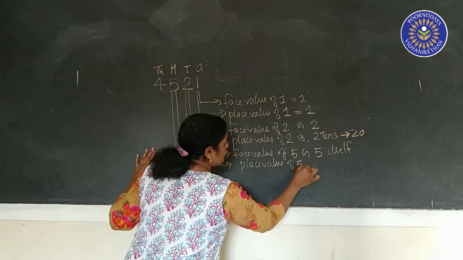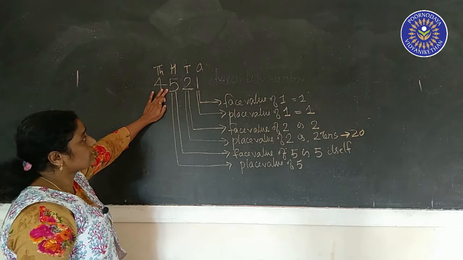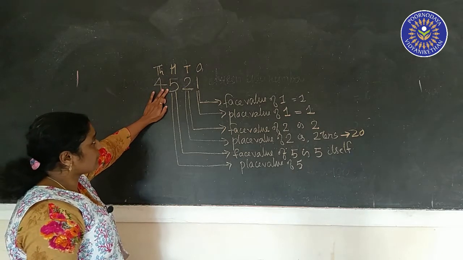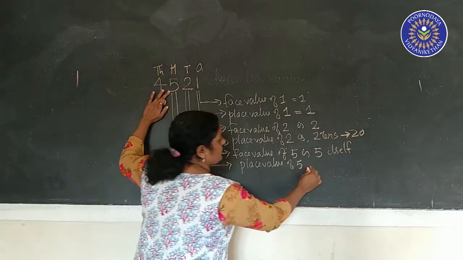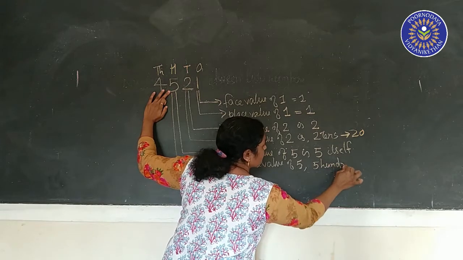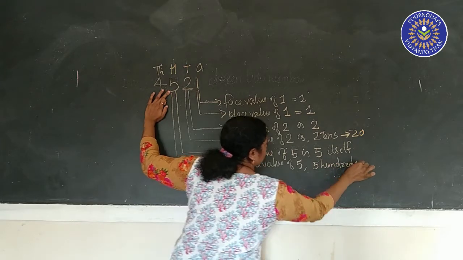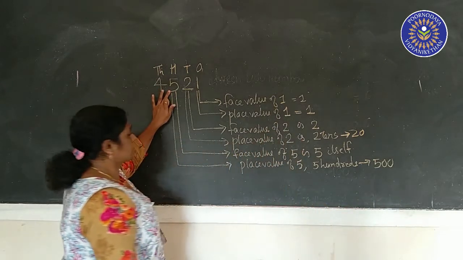Place value of 5: 5 is in which place? In the hundreds place. Then how many hundreds are here? 5 hundreds. Place value of 5 is 5 hundreds. That is 500. Clear?